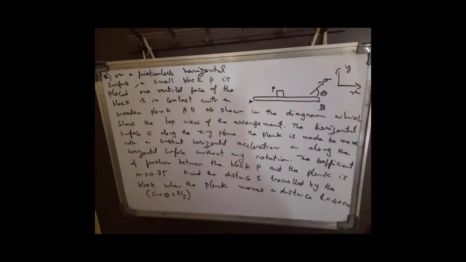So we can take the ratio of acceleration of the plank to the acceleration of the body. Yes, you can. We will get 30 centimeters first. Okay. The 30 centimeters you're talking about, is it displacement or distance traveled?